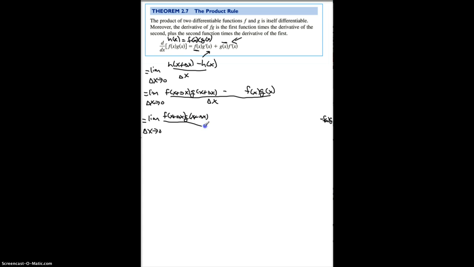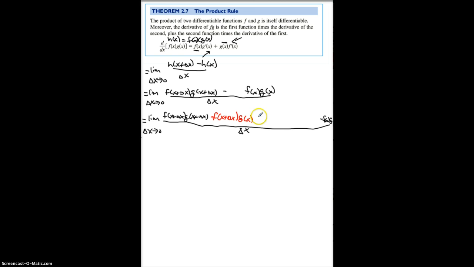And in the middle, I'm going to add 0. And by 0, I mean I'm going to add, and I'm doing this because I know it's a trick. All right, it's a trick that works. I'm going to add f of x plus delta x times g of x. Now if I add it, I have to subtract it.